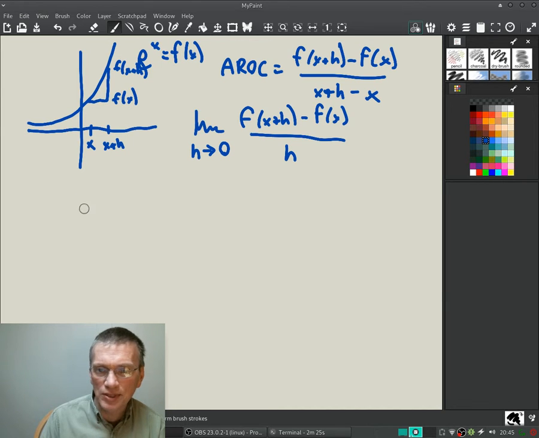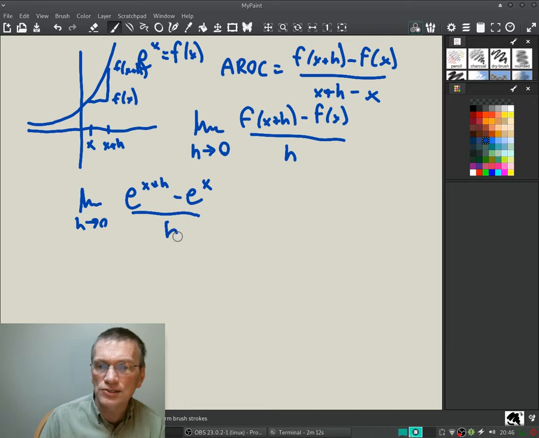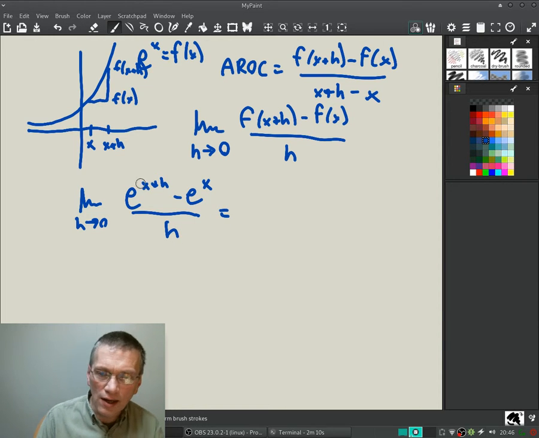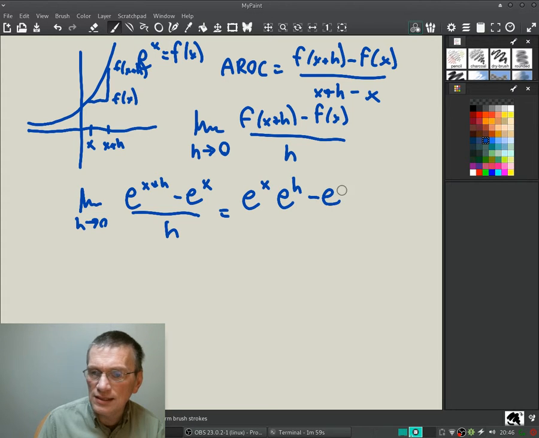Alright, so let's put in e to the x for f of x. So we talk about the limit as h goes to 0 of e to the x plus h minus e to the x over h. Well, remember our properties of exponents. E to the x plus h is e to the x times e to the h, minus e to the x, over h.